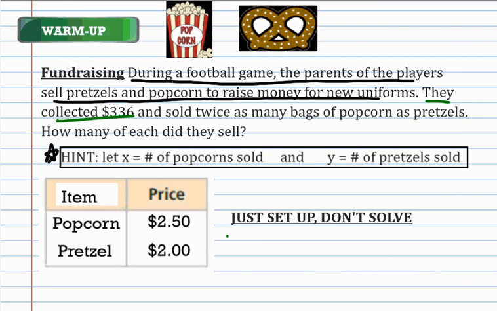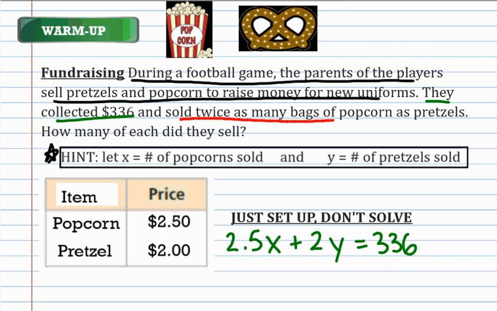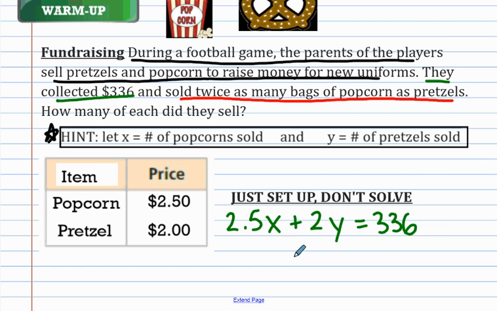So $2.50 for every popcorn plus $2 for every pretzel has to equal $336. The last part that they told us is they sold twice as many bags of popcorn as pretzels. So that means popcorn is equal to 2 times as much as pretzels, which was y. Now I have my two equations.